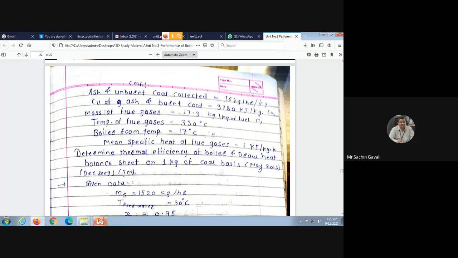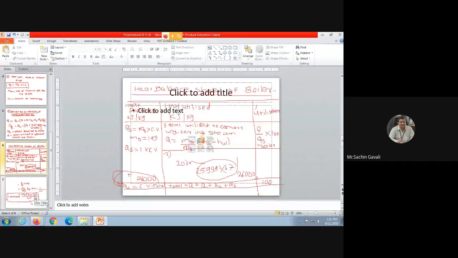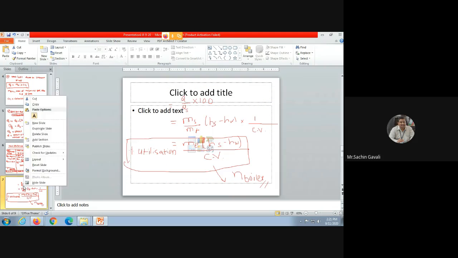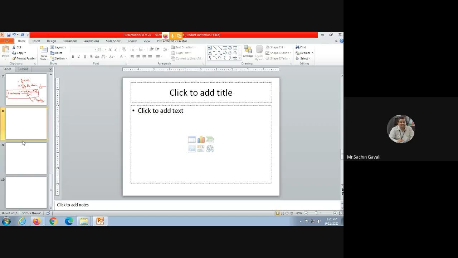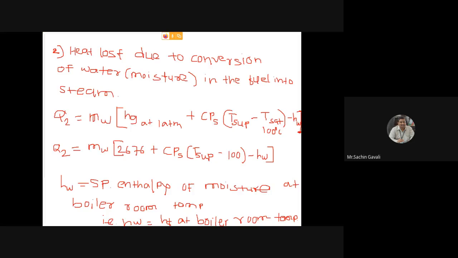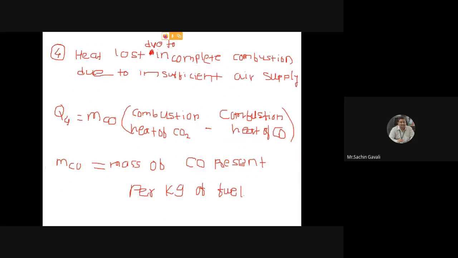Okay, now we'll see. Now directly we'll draw the heat balance sheet. You have to help me in this case. Instead of drawing everything elsewhere, we'll draw the heat balance sheet here only. Here I will reserve some space for calculation.